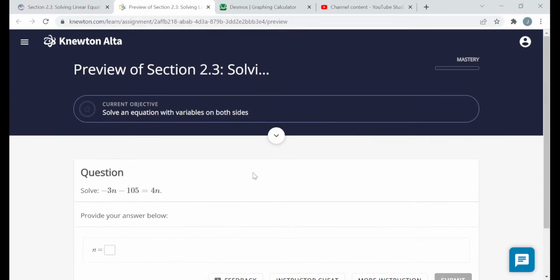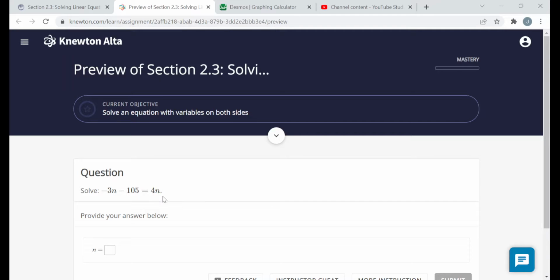Alright, so the first objective I'm looking at is solve an equation with variables on both sides. Now we are solving linear equations in this particular section. So that just means every term that has a variable in it is going to have that variable to the first power.